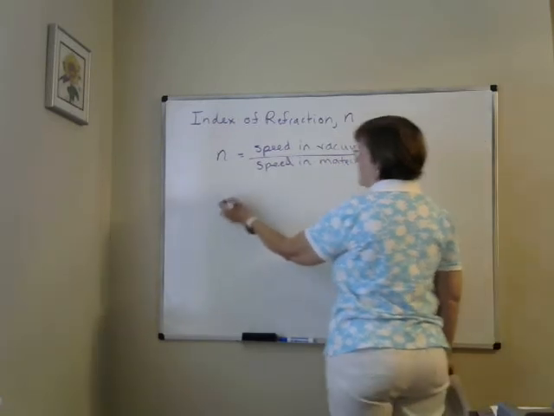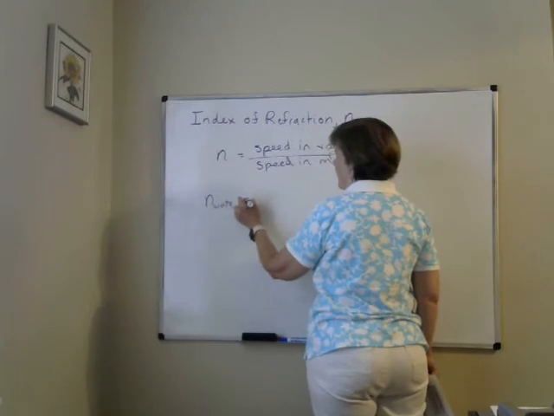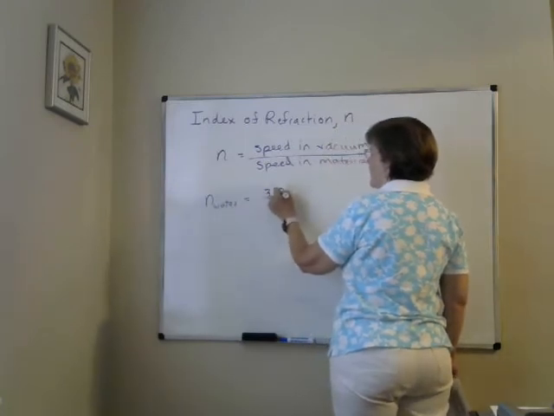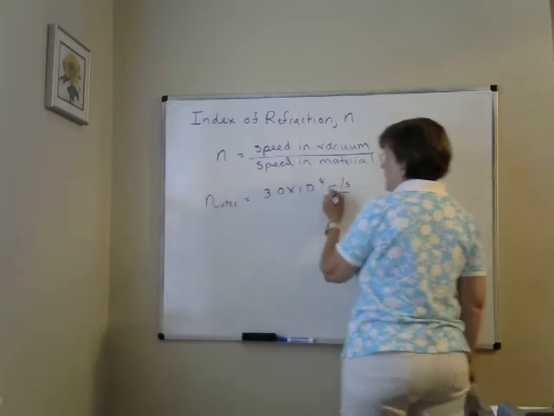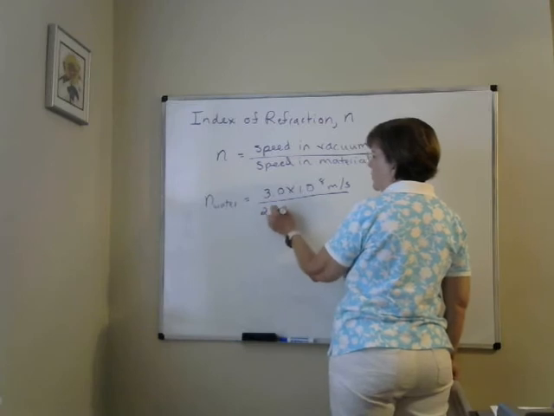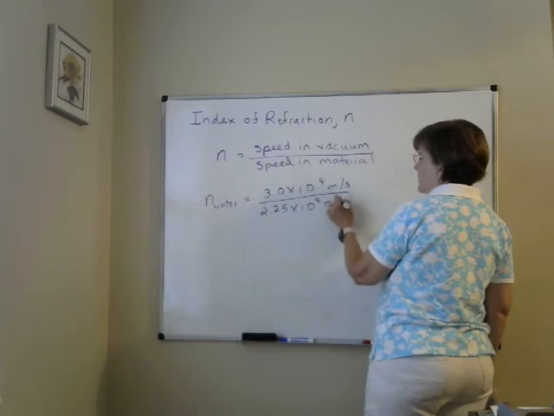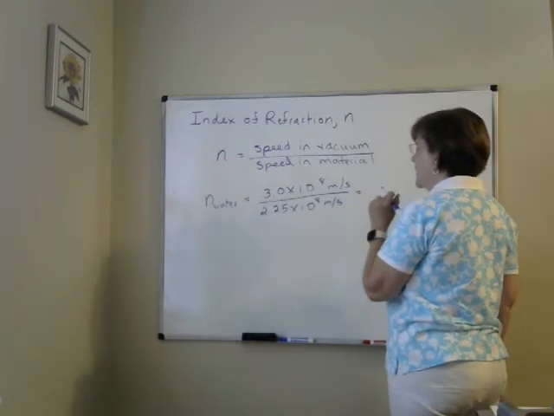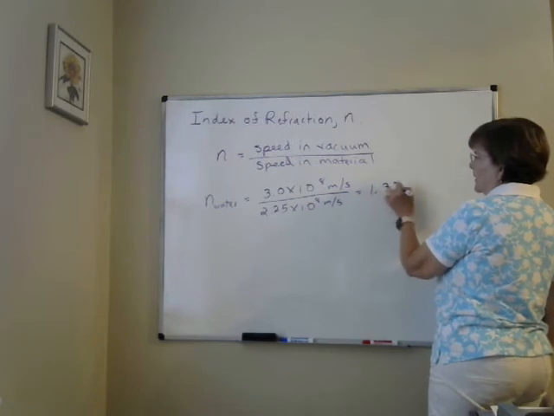For example, for water, well, the speed of light in a vacuum is 3 times 10 to the 8th meters per second. And in water, it only travels 2.25 times 10 to the 8th meters per second. That comes out to be about 1.33.